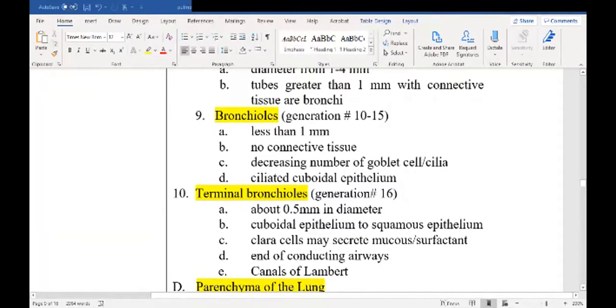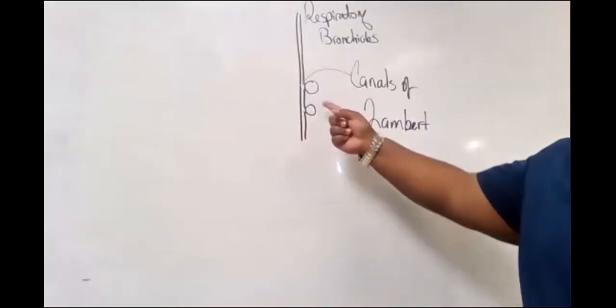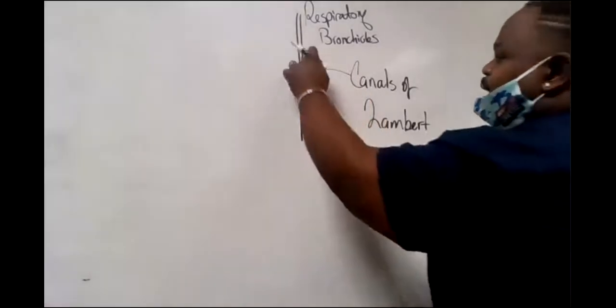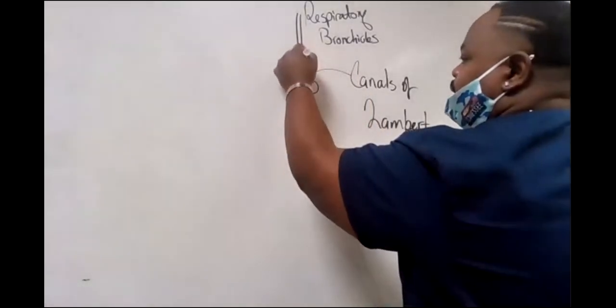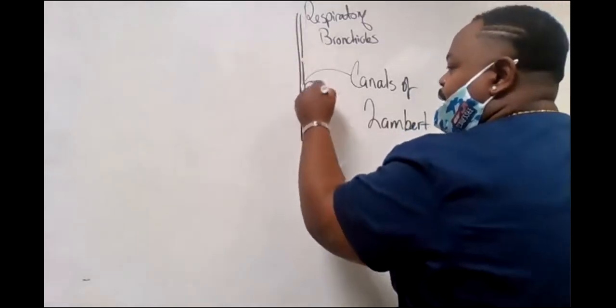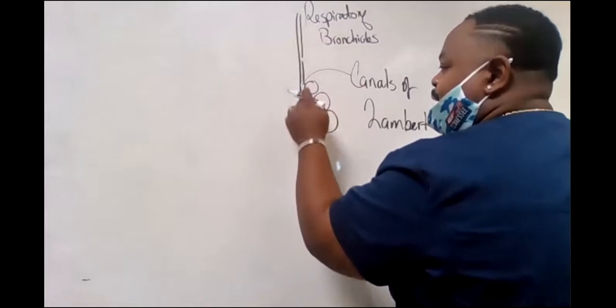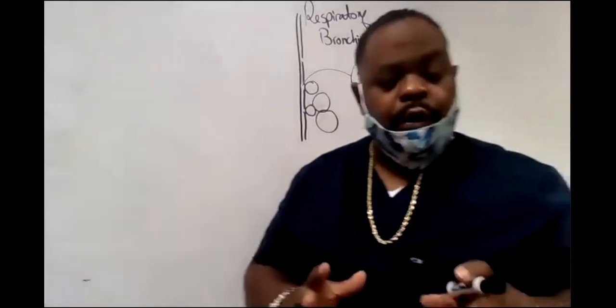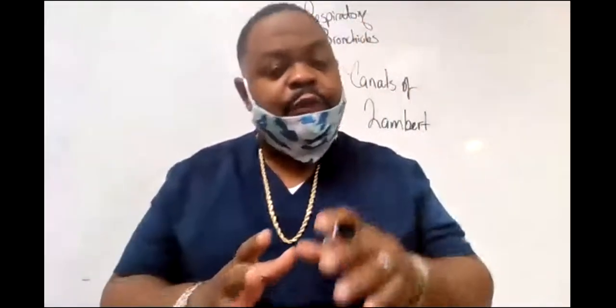The canals of Lambert are communication points between the bronchiole and the alveoli. These little holes, they're like little holes right there on the actual bronchiole. And this is where the alveoli can communicate with the bronchiole. Okay? Canals of Lambert are communication points between the bronchiole and the alveoli.